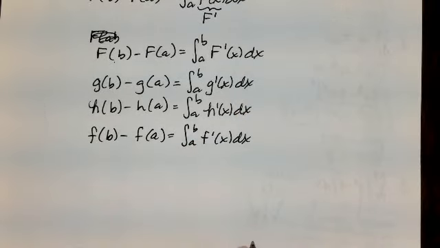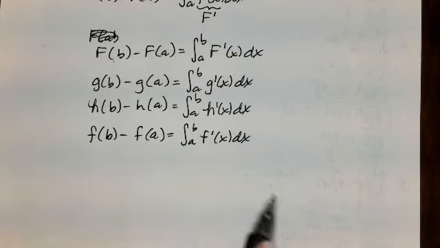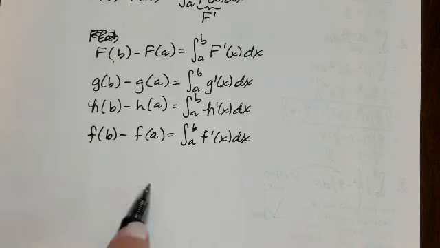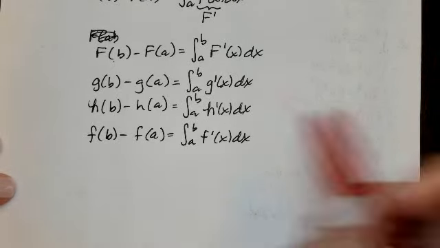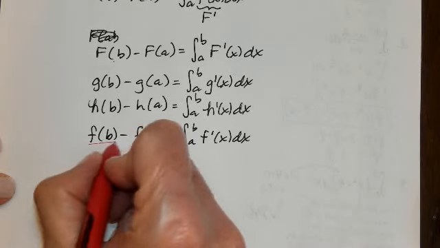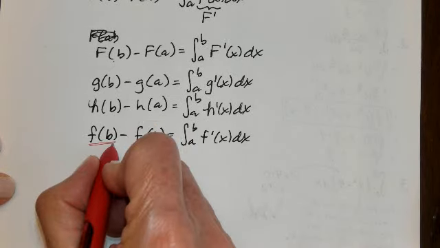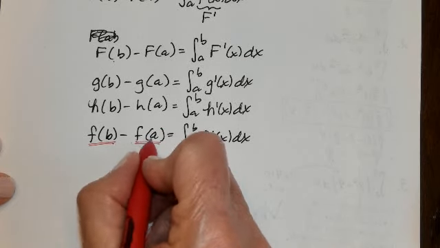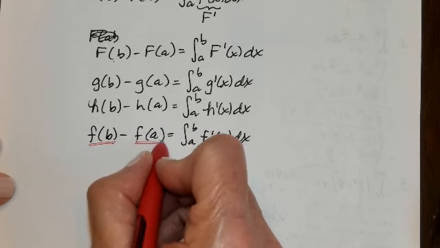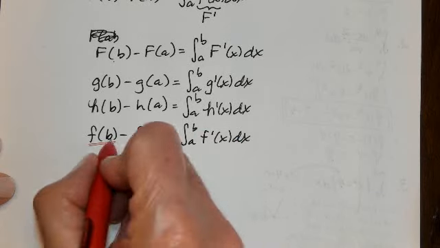Okay? So, and this is, we usually use lowercase f as our general case scenario. So think about what this is. This is the function evaluated at b. That's a y value. And this is another function evaluated at a, another y value.